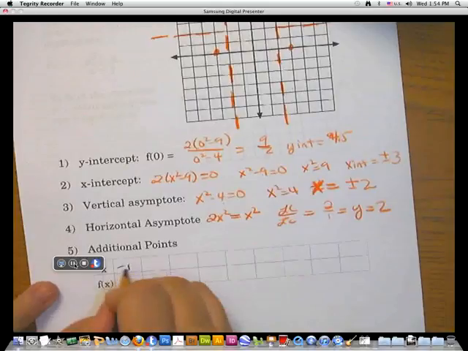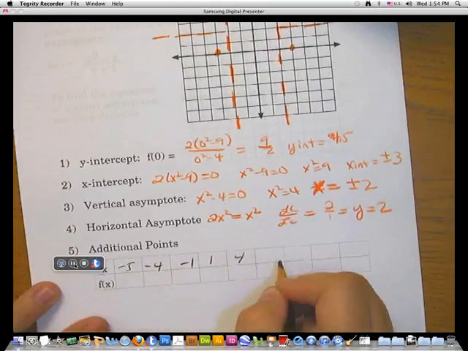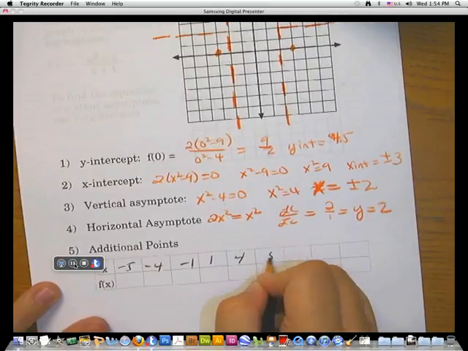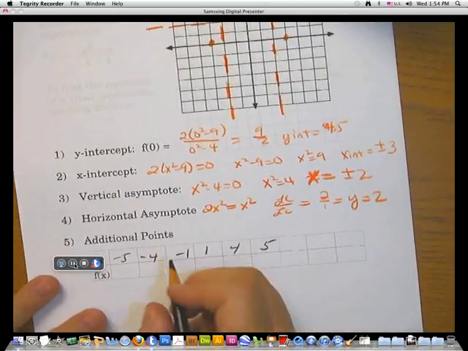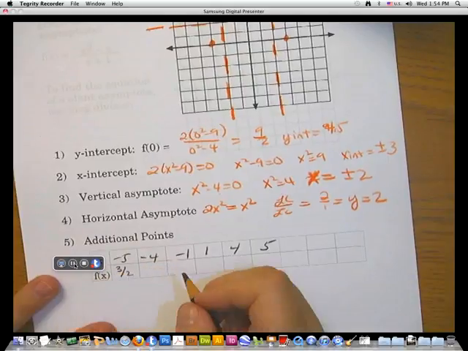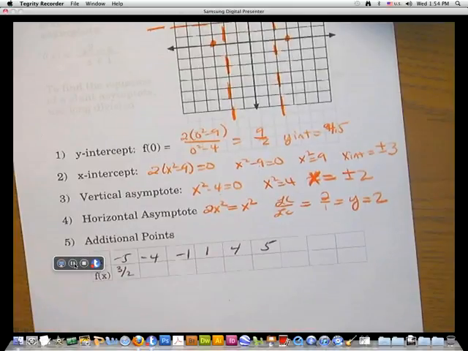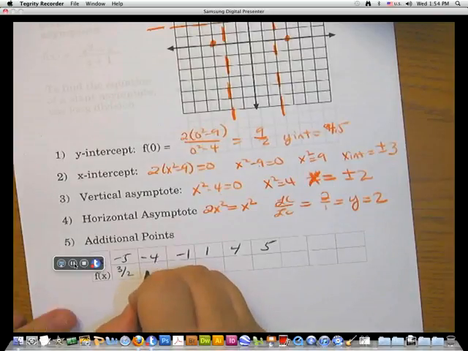We're going to find some additional points. I chose -5, so you should have got 3/2. -4 is 1.2, so 6/5.